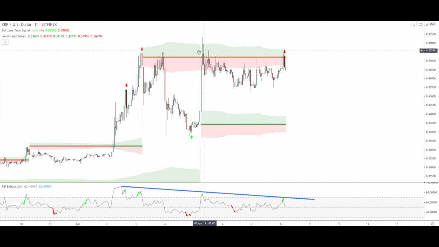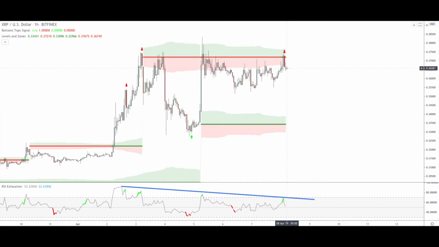It was stopped by this resistance, and then down again, and then up again, and here it was slowed down by this sell area, that is the sell zone that the levels and zones always signals, and then again it went down and then back up right now. So guess what? Where the price is going, it is probably going down.